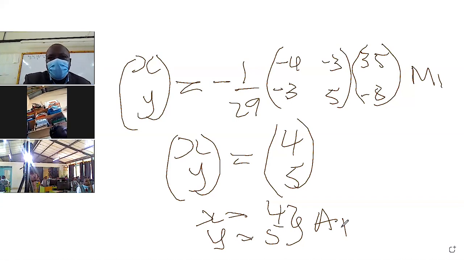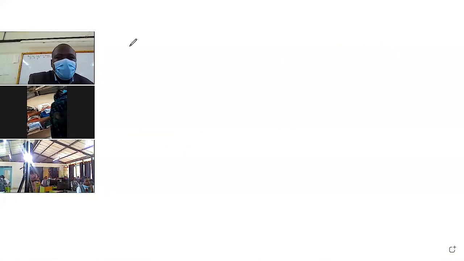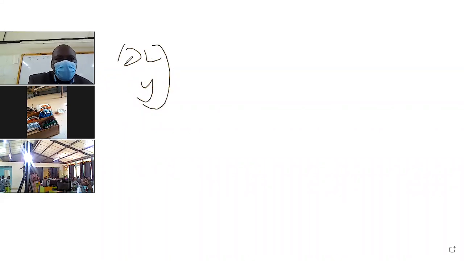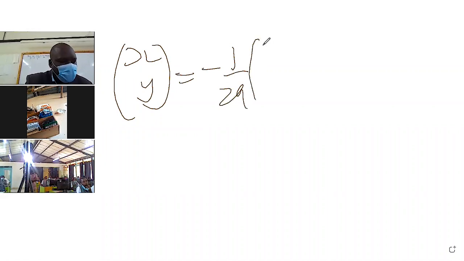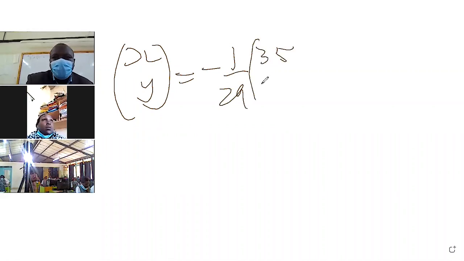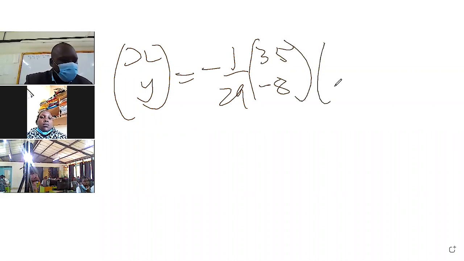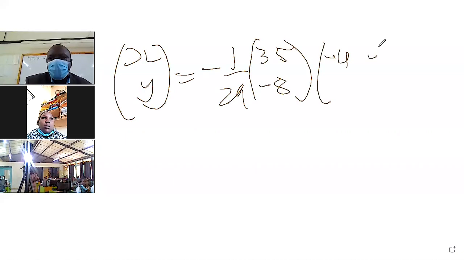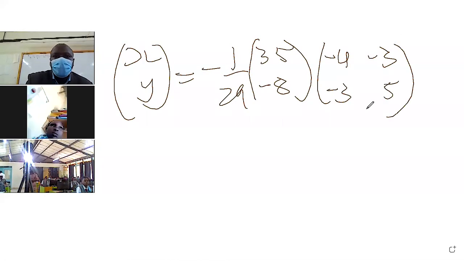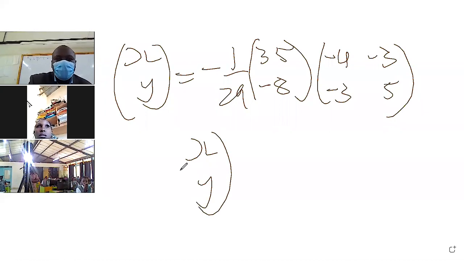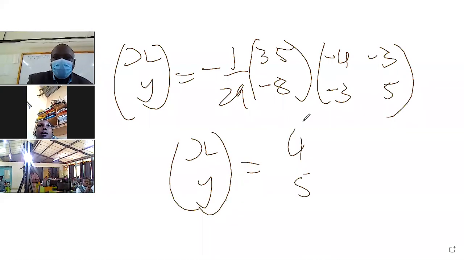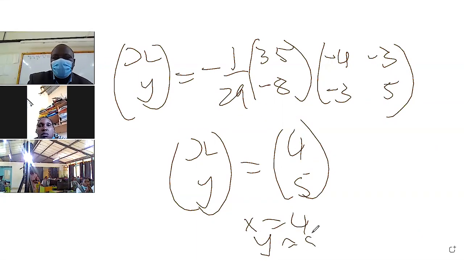For example, when we are working out the inverse, a student might be tempted to work it out as -1/29, and then he has 35, -8, multiplied by -4, -3, -3, 5. And then miraculously he ends up getting this 4, 5. So he says x is 4 and y is 5.